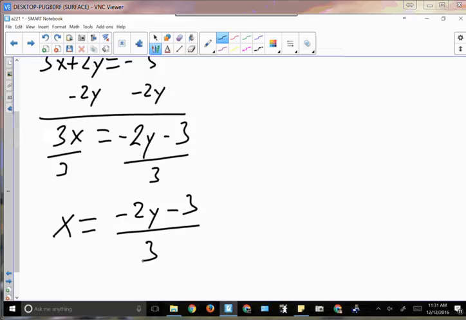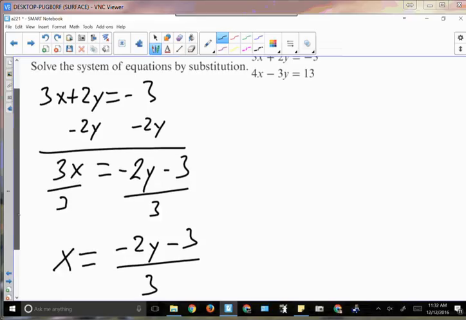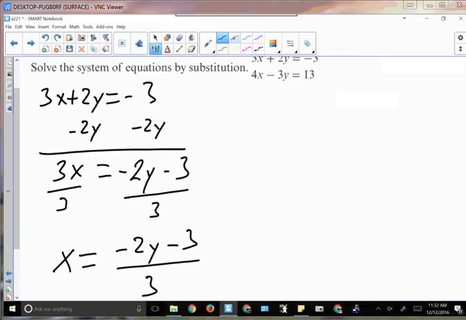Yes. I go back up to the other equation, and I have 4. Well, what's x? X is going to be that stuff. So that would just put in the negative 2y minus 3 over 3. And the rest of the equation, which would be minus 3y, is equal to 13.